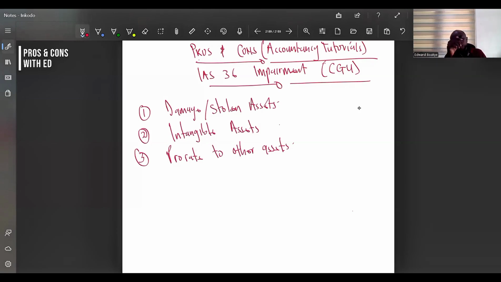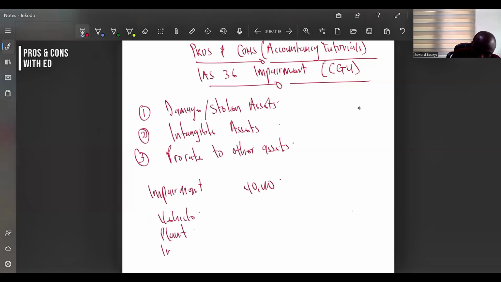So in a given scenario, let's say we have an impairment of 40,000, and then we have a number of assets. We have a vehicle, we have a plant, we have inventory.